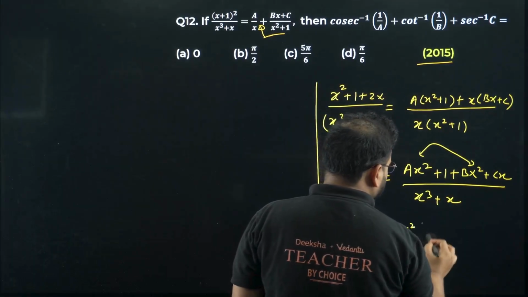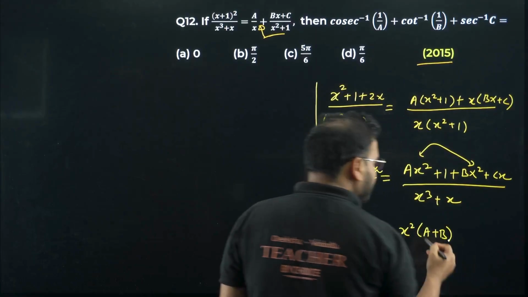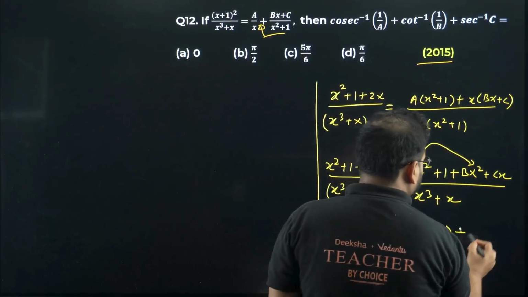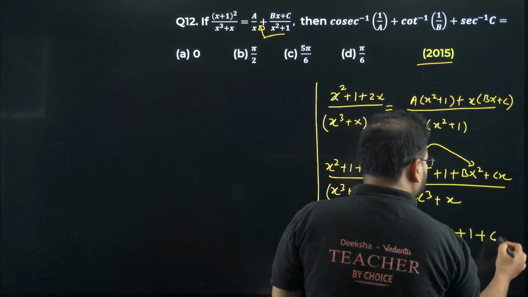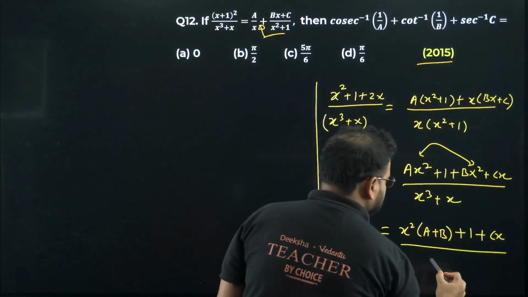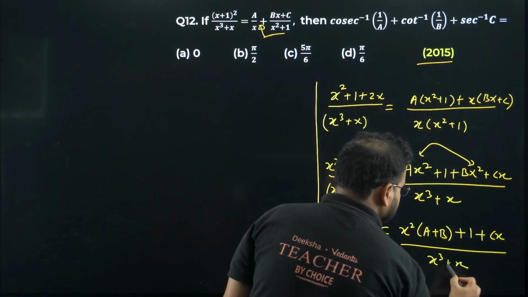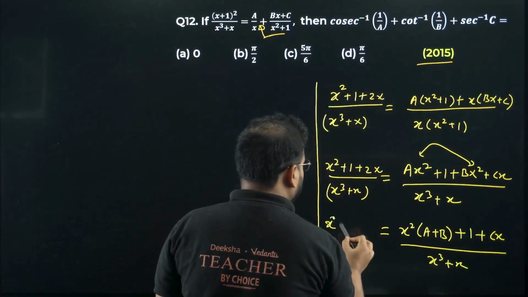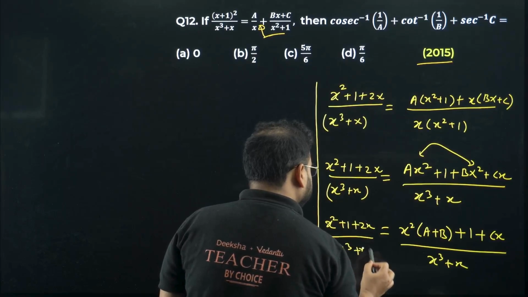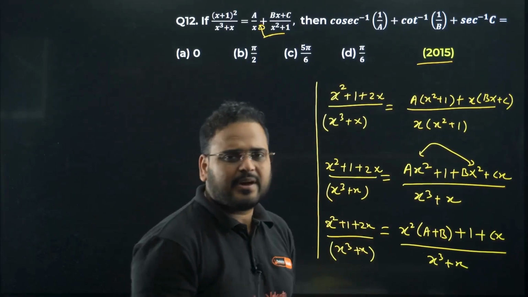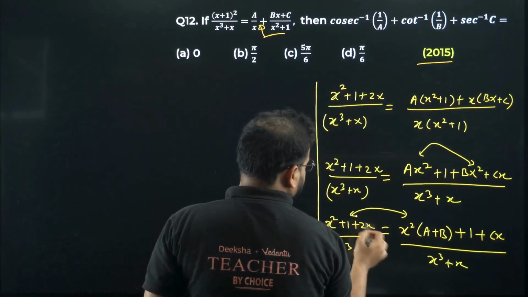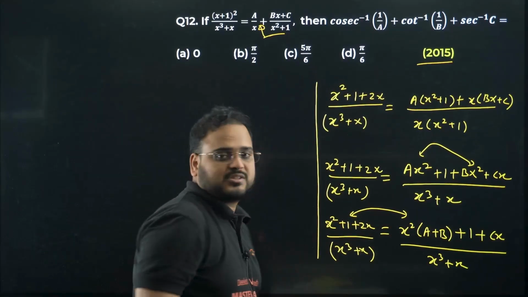Take x square common, we have (a plus b), and there's only one constant term, which is plus 1, and only one single degree term, cx. The denominator remains the same, x cube plus x, and here also the same thing. No need to write all the steps, it's an MCQ. Now compare the numerators of LHS and RHS. What are you getting?